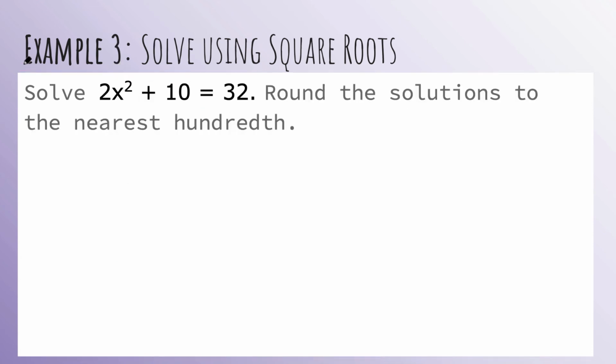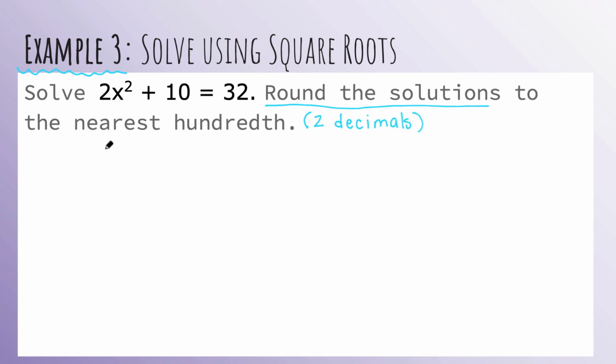All right, looking at example 3, which is similar to example 3 in your textbook. We're solving a quadratic here, but in this case, when we get our solution, we're going to round it to the nearest hundredth place. Remember, that's 2 decimal places.